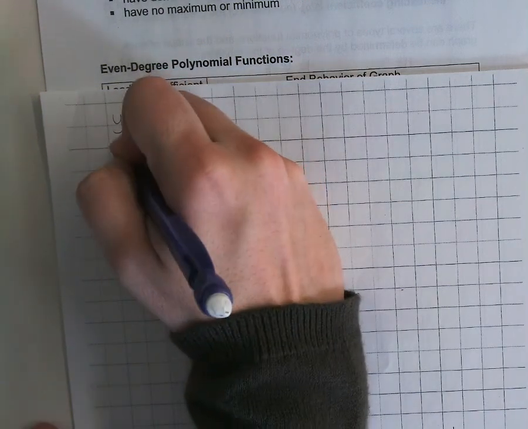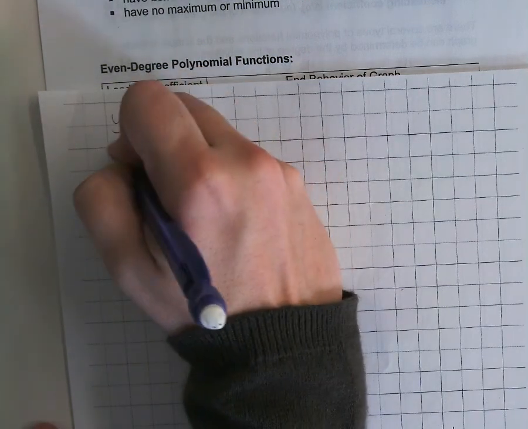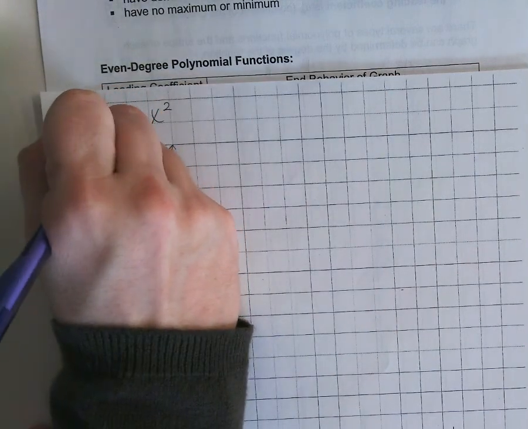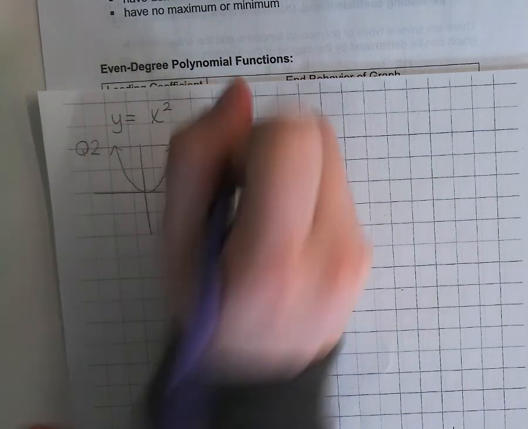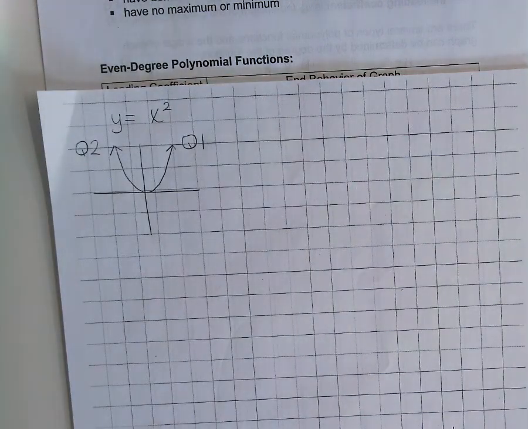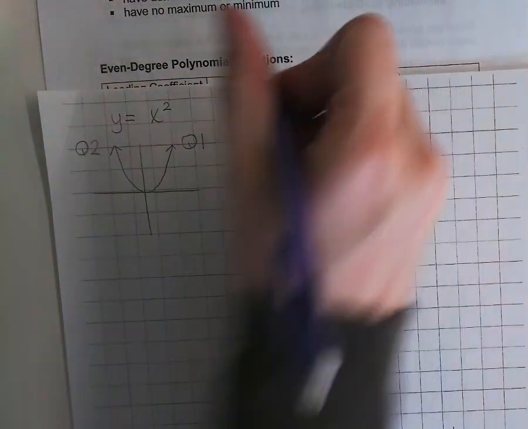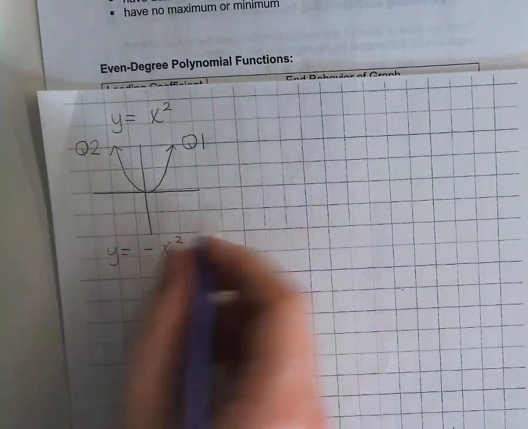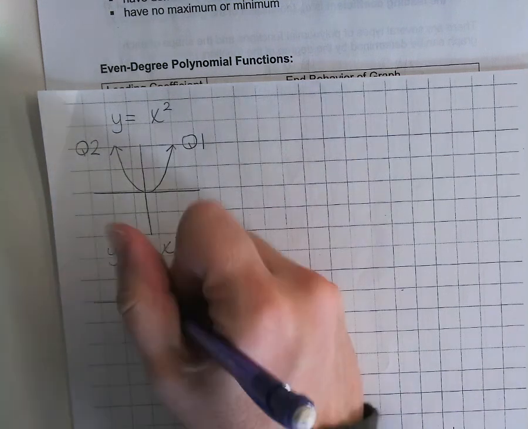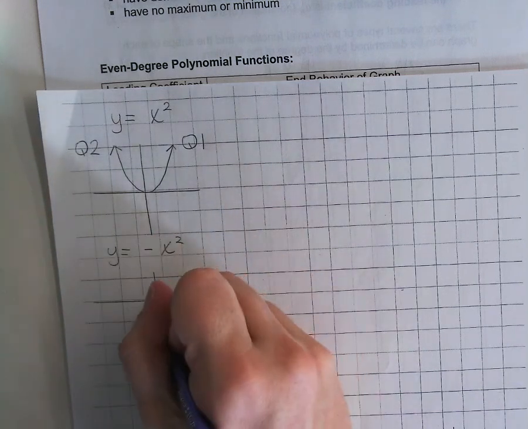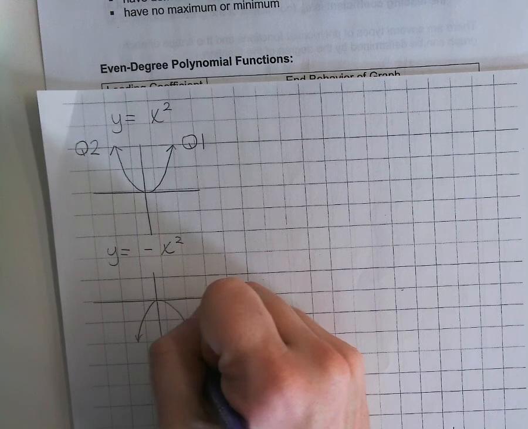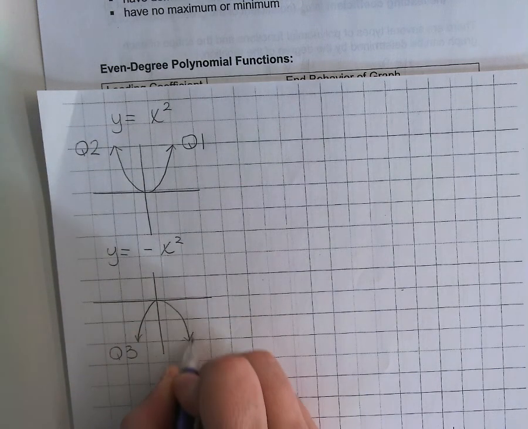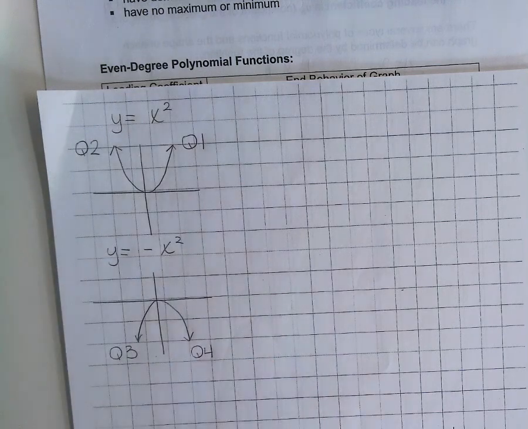And we know that y equals x squared looks like a parabola on the origin. This goes from quadrant 2 to quadrant 1. If I change this to negative x squared, we know that this flips downward, and now we go from quadrant 3 to quadrant 4.